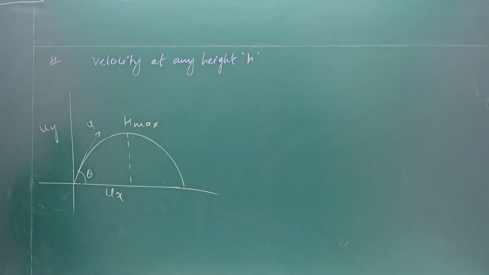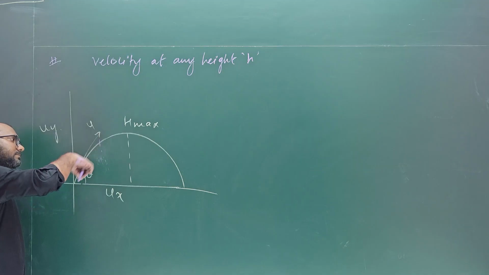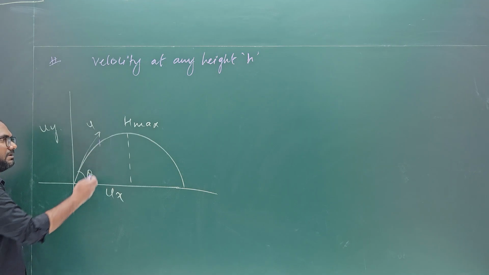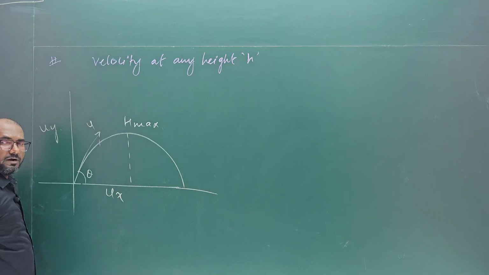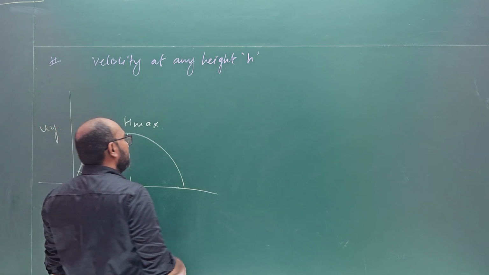Now if they don't provide you time, they can provide you height. Calculate when the object is at a certain height. Let's say this is the height, whether here or in this direction, height remains positive.